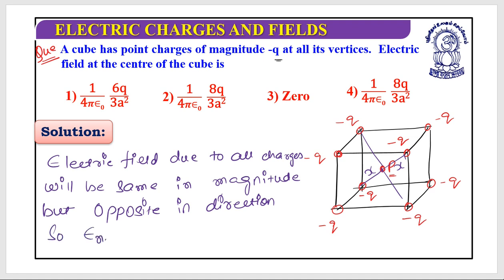So E net would be equal to 0. This would be the correct answer.